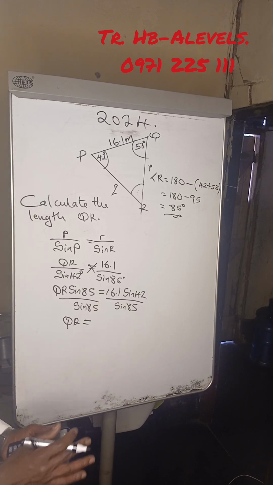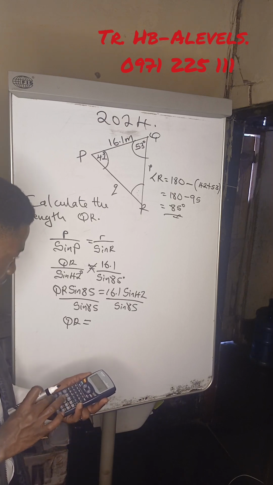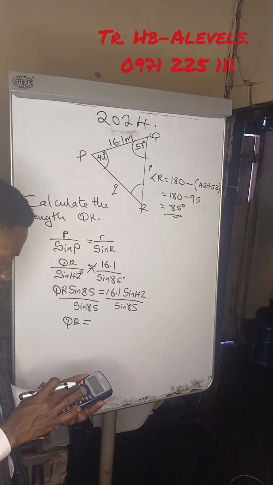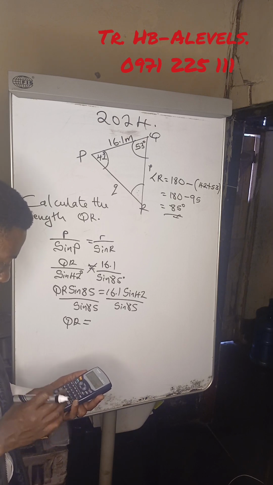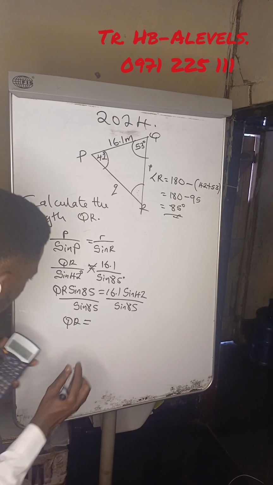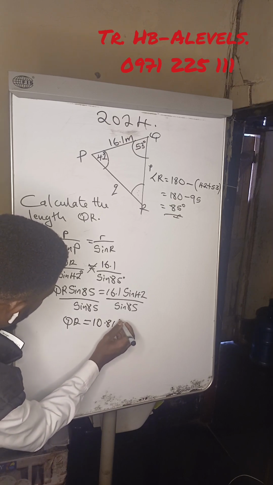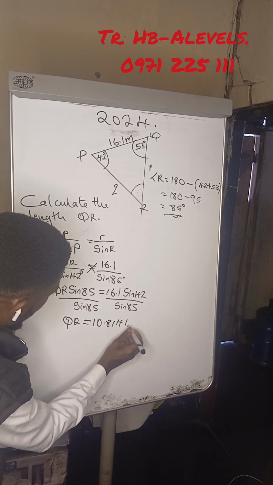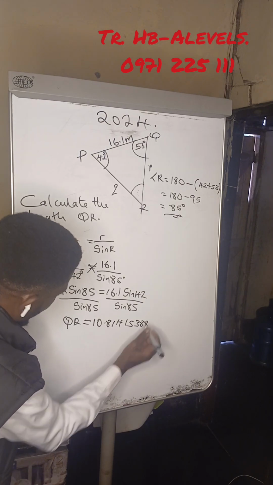Ensure that the calculator that you are using is operating in degrees. So we have 16.1 sine 42, what we are getting, we are dividing it by the sine of 85. So when we divide, we will get 10.81538.